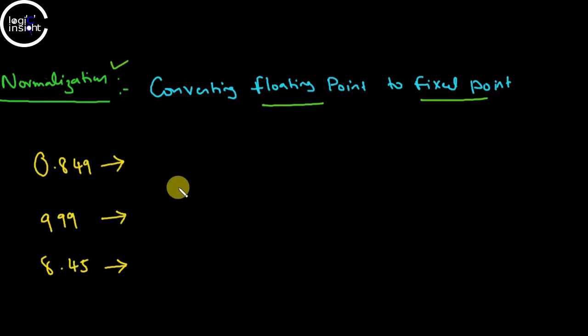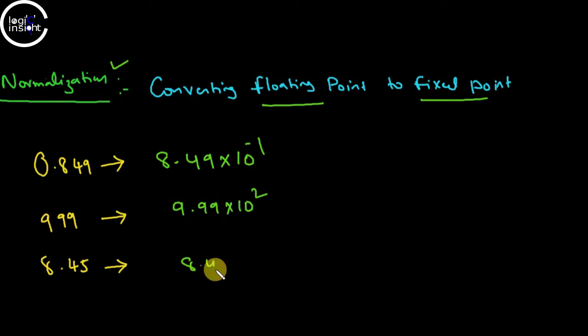So what does it mean? This can be written as 8.49 into 10 to the power of minus 1. This can be written as 9.99 into 10 to the power of 2. This can be written as 8.45 into 10 to the power of 0. In this fixed form I have fixed that there should be only one non-zero digit before the dot.